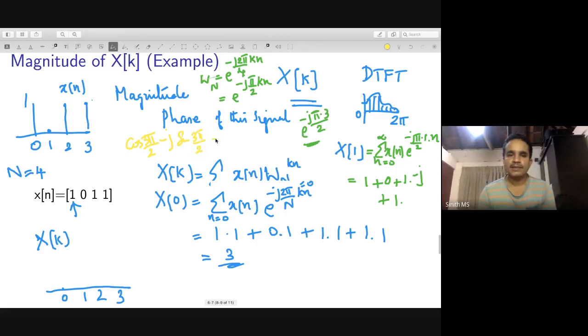Now what are these values? You can apply this pi value. This can be written as pi plus pi by 2. So can you tell what these values are?